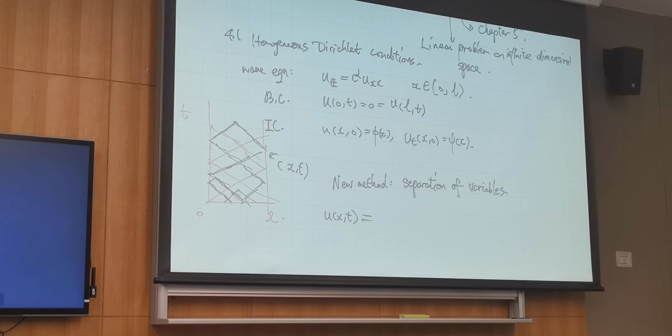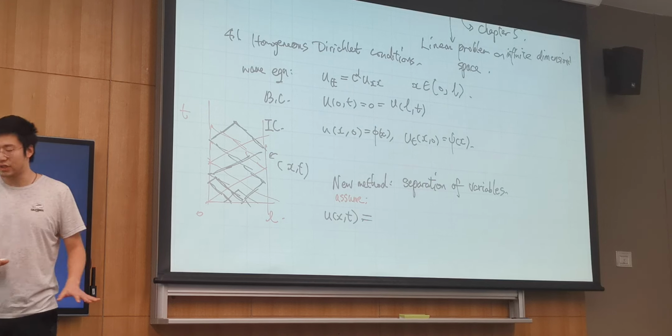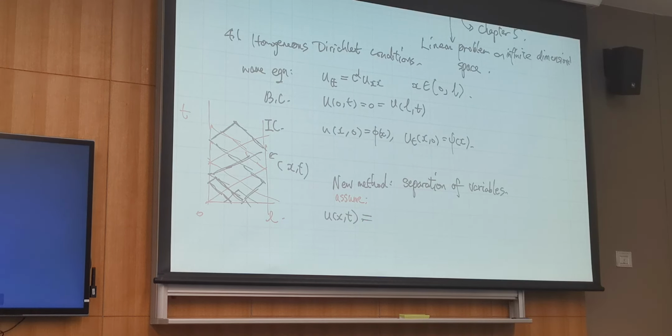Which means that I first assume. Again, this assumption doesn't have to be true at all. We first assume that u(x,t) is the product of two one-dimensional functions.